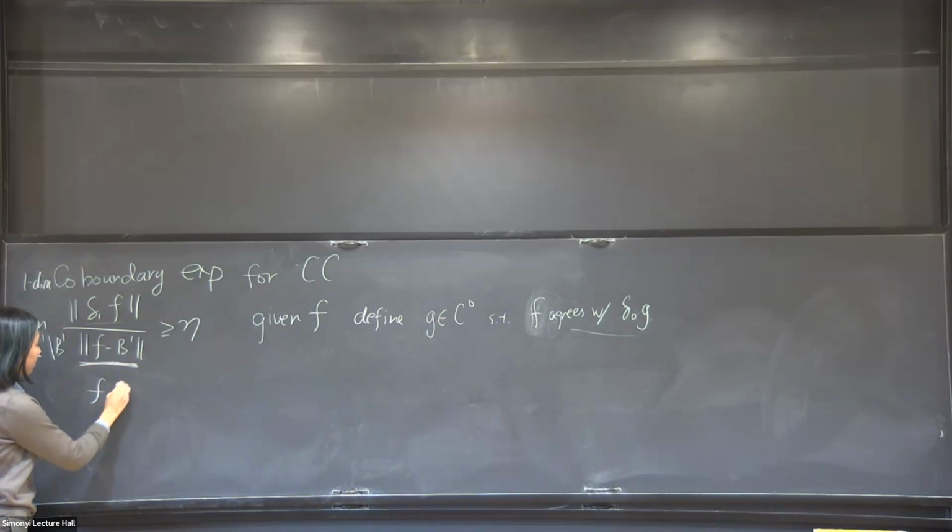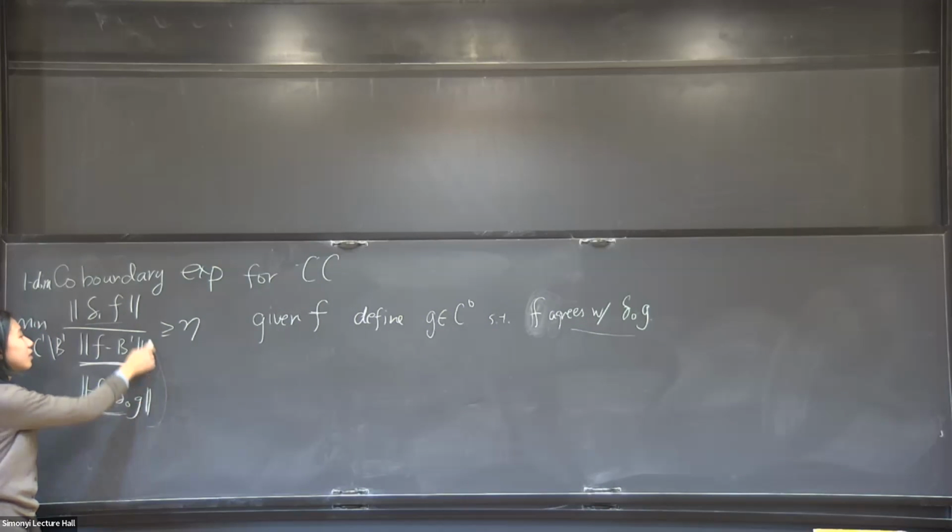I'll go in the direction we usually think about: if f doesn't agree with delta 0 of g at some point, then I will see at least some fractional triangles.